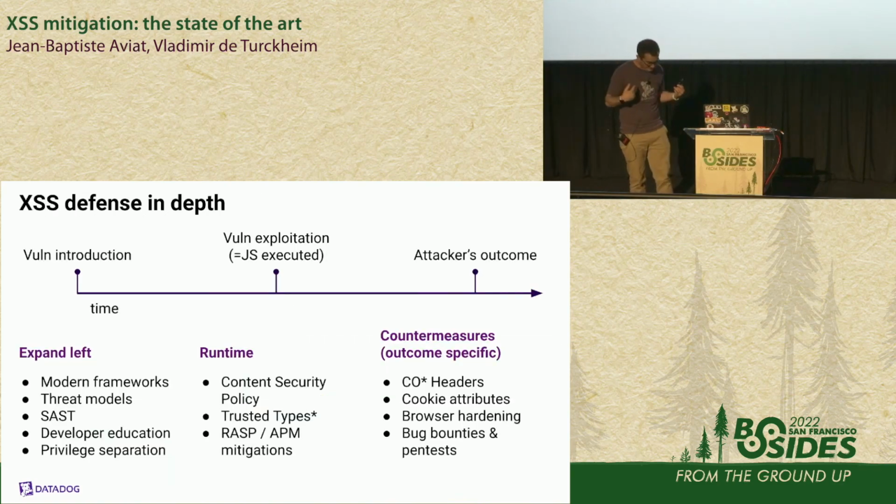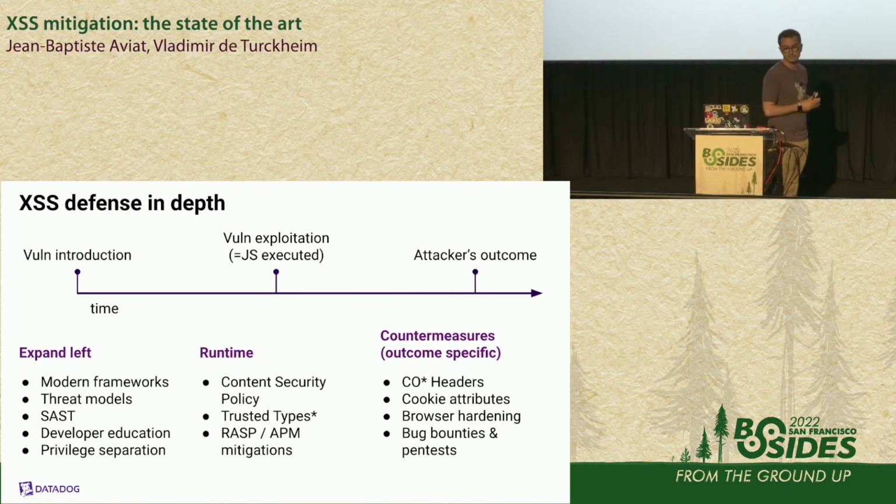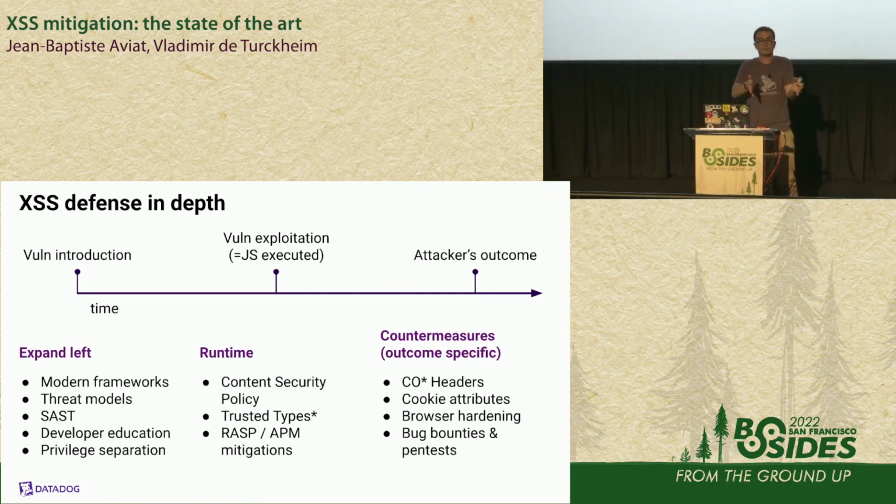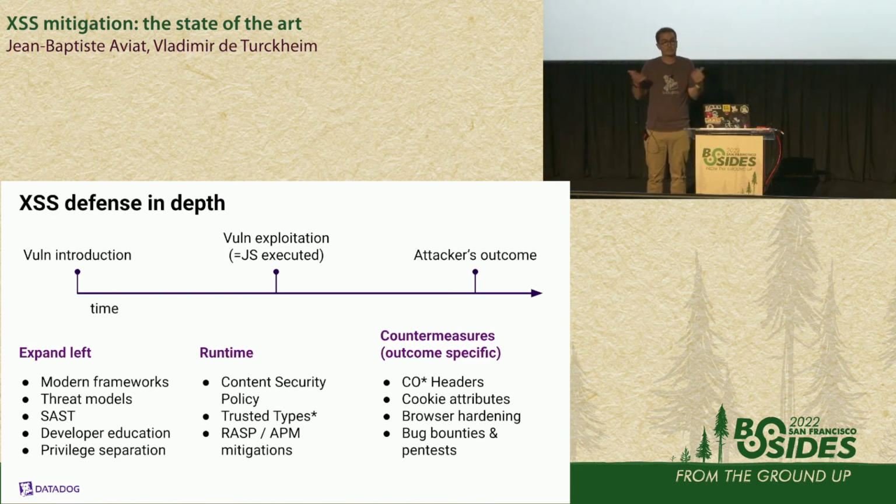So now, let's take a step back and recap what we have seen during this presentation. So we have defense in depth. When a vulnerability is introduced, you can use modern frameworks, threat models, static application security testing. During the runtime, to prevent vulnerability exploitation, there are Content Security Policy mechanisms, RASP and APM-like mitigations.